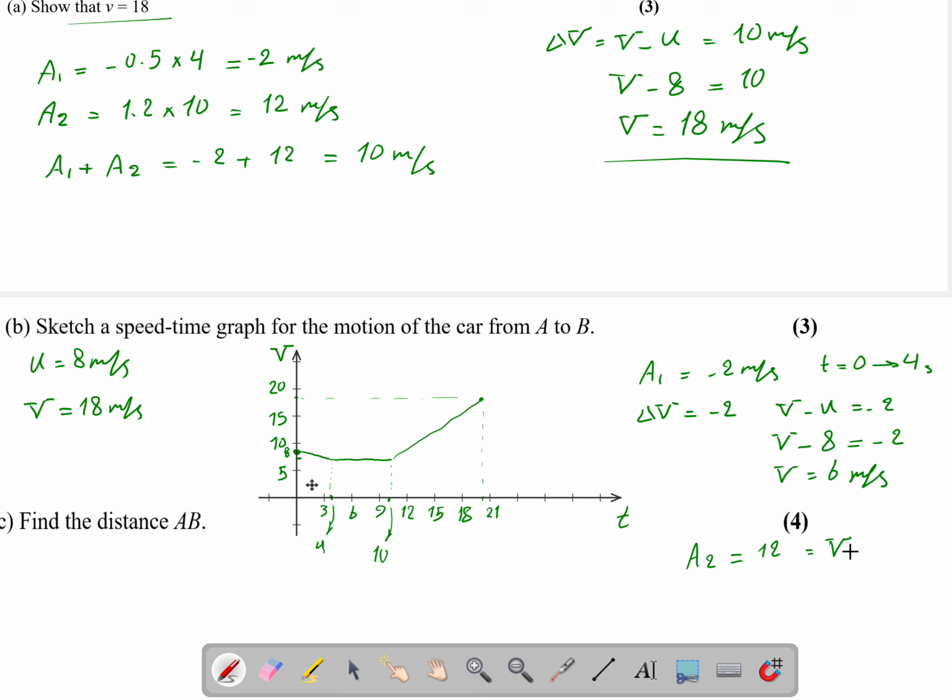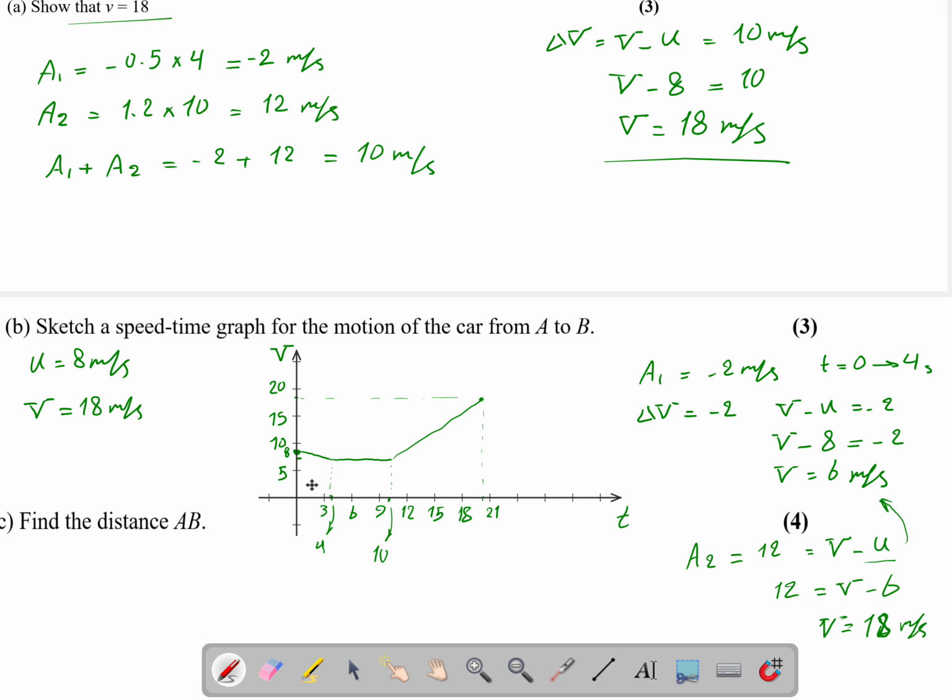It means that V minus U equals 12. Since U, initial velocity of this part, is exactly same as the velocity of previous part, we can write 12 equals V minus 6. So V will be 6 plus 12 equals 18 meters per second. Okay, this is how we can draw the velocity time.